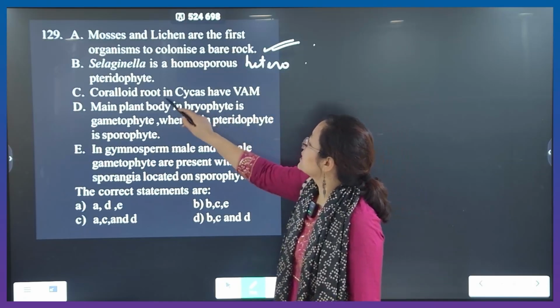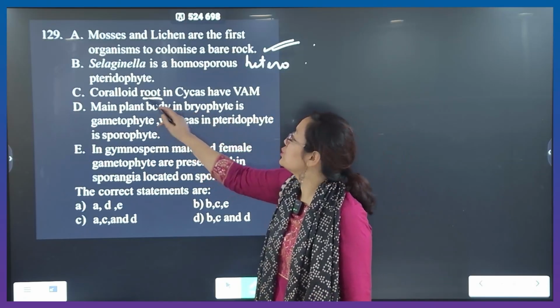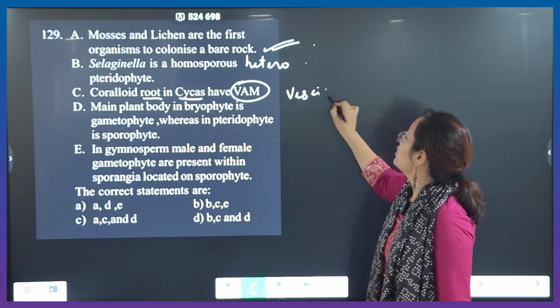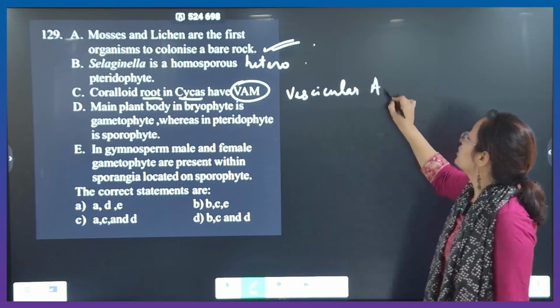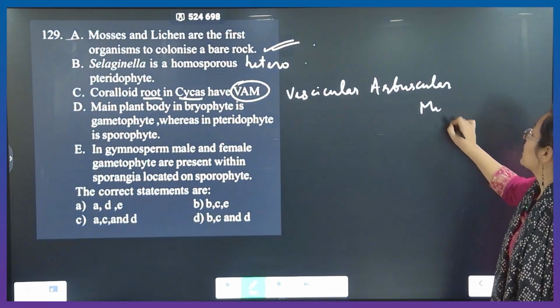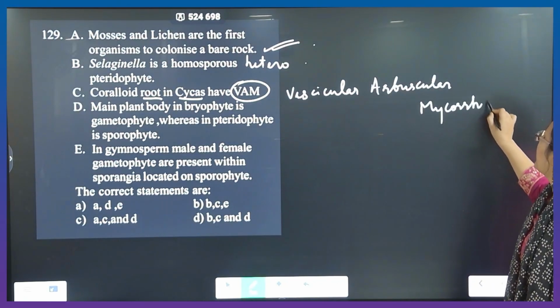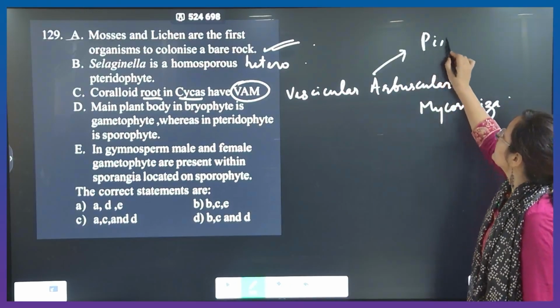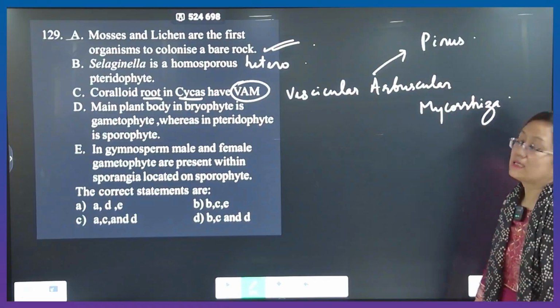Coralloid root is a negatively geotropic root in Cycas, and VAM stands for vesicular arbuscular mycorrhiza. Where is this type of mycorrhiza found? This is found in the case of Pinus.